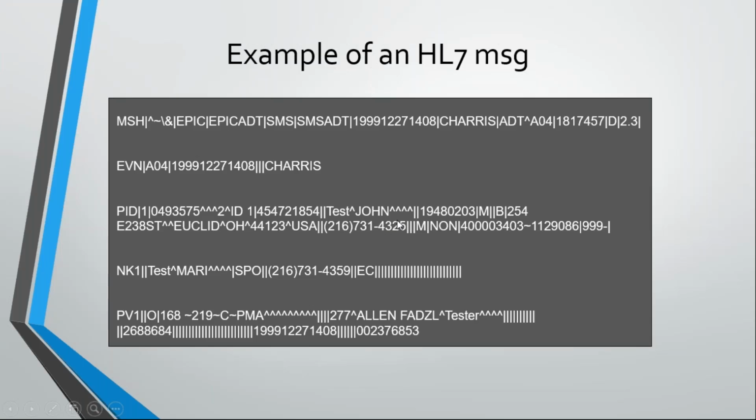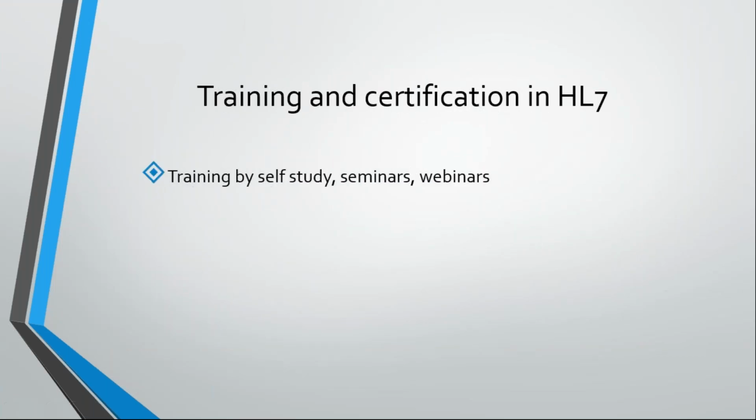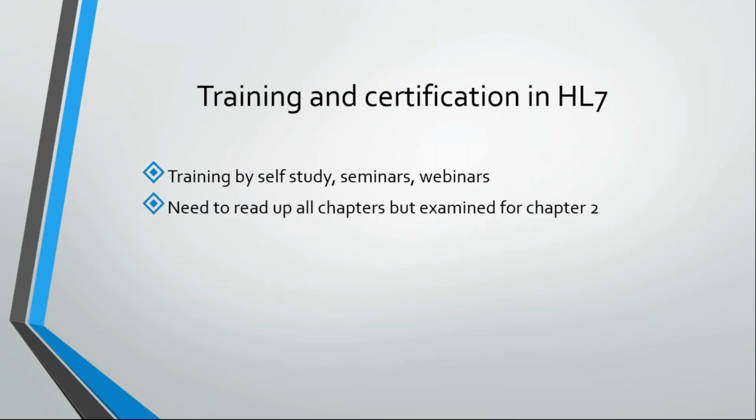All right, I'm not hearing anything, so we'll jump to the next slide. Training and certification in HL7. HL7 certification can be done by anyone. You can do it either by self-study, or you can attend seminars and webinars. You need to read up all the chapters, but questions will fall as part of chapter 2A and chapter 2B.